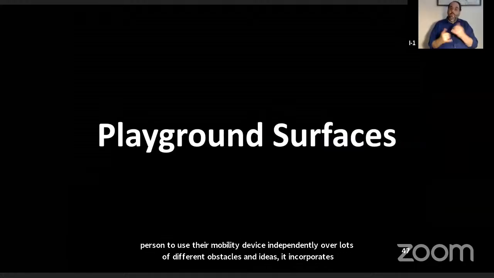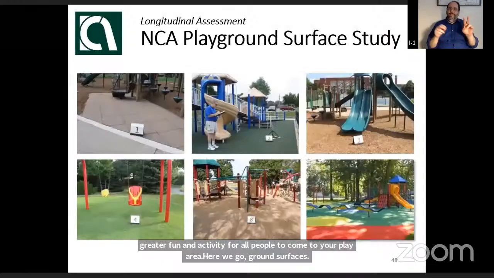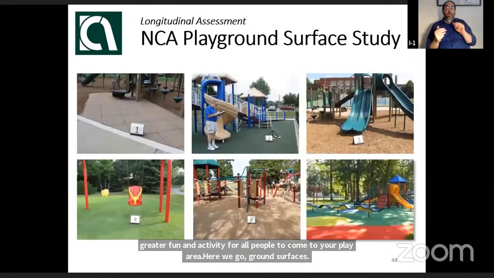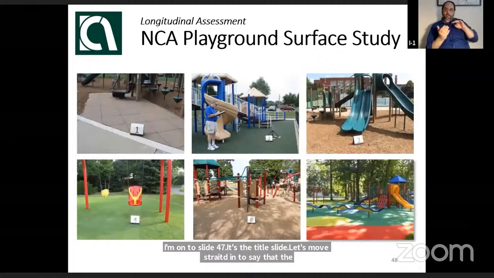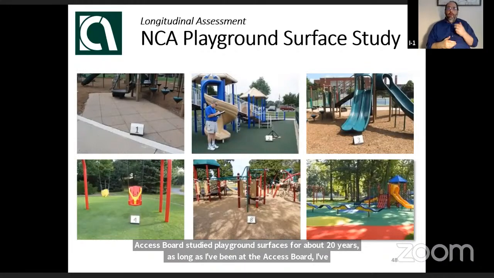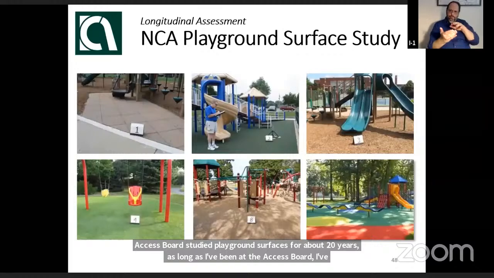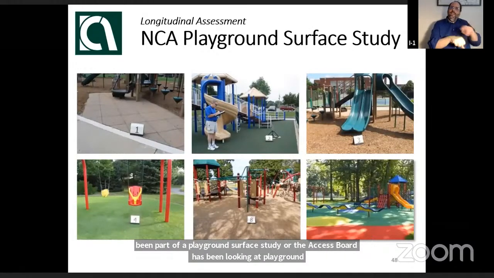Here we go, ground surfaces. I'm on to slide number 47's title slide. Let's move straight in to say that the Access Board studied ground surfaces and playground surfaces for about 20 years. As long as I've been at the Access Board, I've been part of a playground surface study, or the Access Board has been looking at playground surfaces. And we hooked up with the National Center on Accessibility and did a longitudinal assessment of different types of play surfaces.